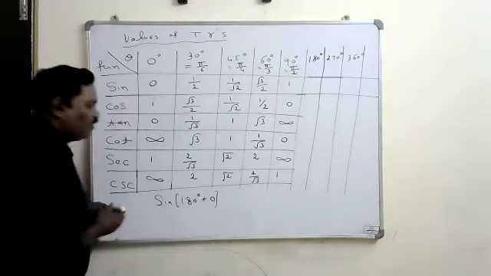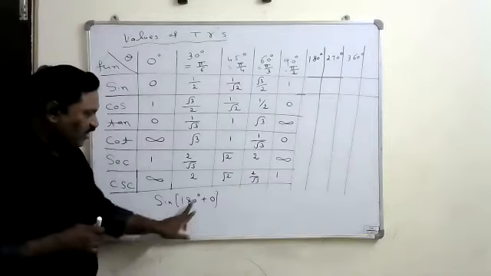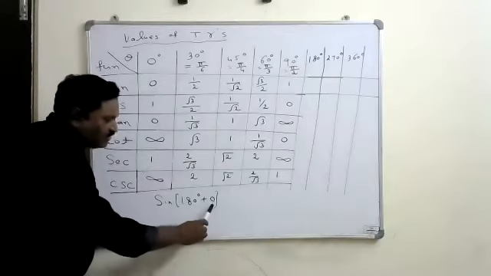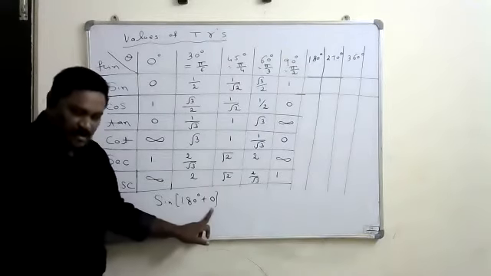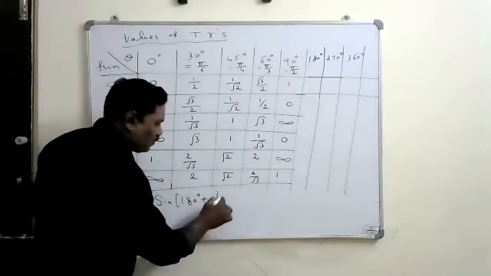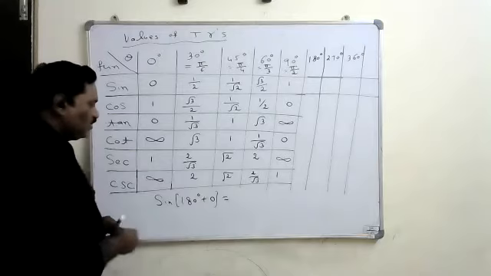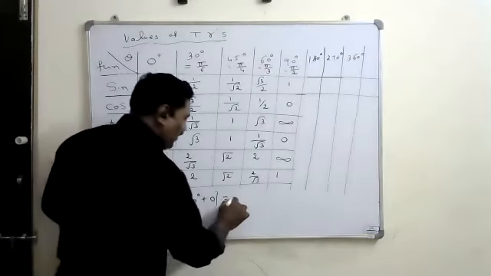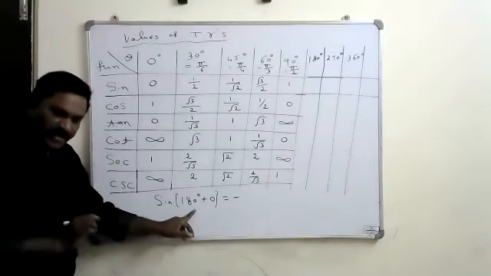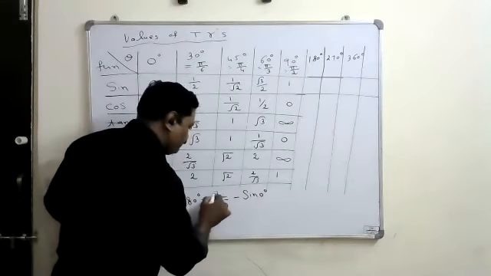In which quadrant does 180 plus theta lie? The third quadrant, where sine is negative, so we get the minus sign. The quadrant angle is 180, so sine remains sine. That's why I can also write sine 0 degree.